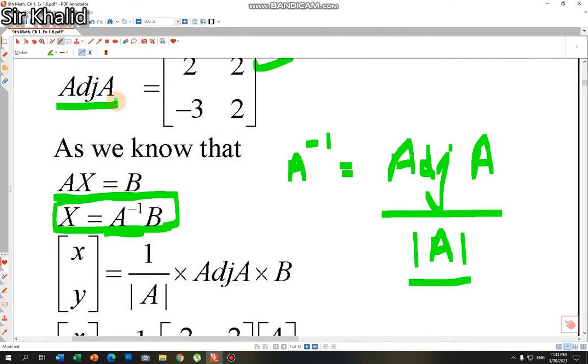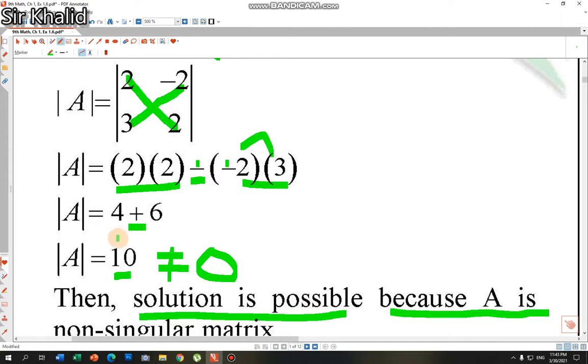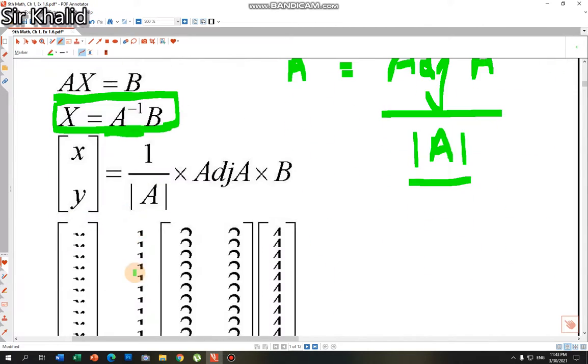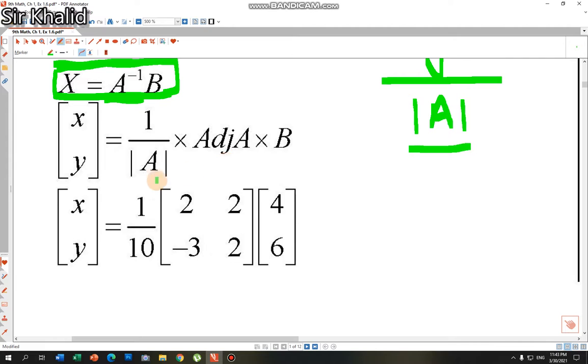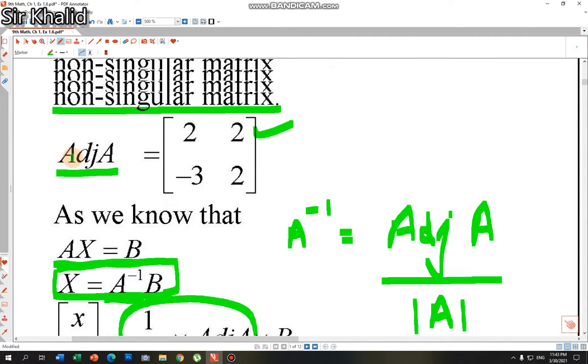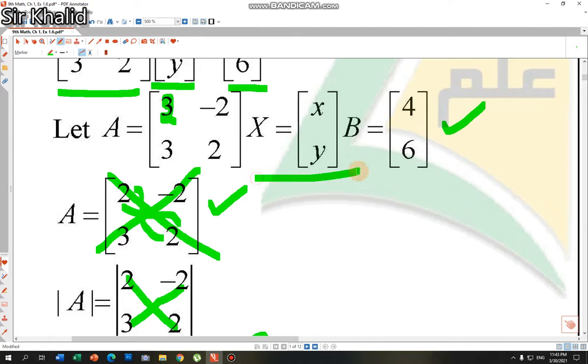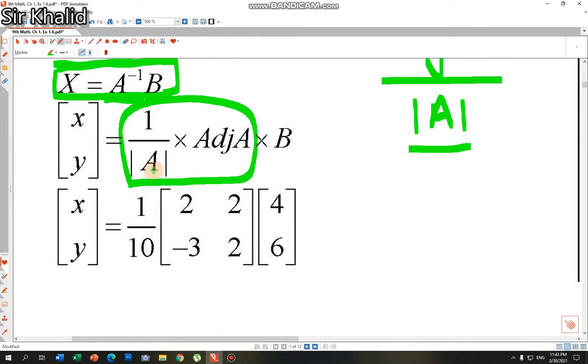Now put the value of adjoint A and the value of determinant A in this equation. This is the formula for A inverse. X, you already named as this matrix, and B as 4, 6. Putting all these values in this formula, X is equal to 1 over 10, because the value of determinant A is equal to 10, times the adjoint of A matrix, times the value of B here.